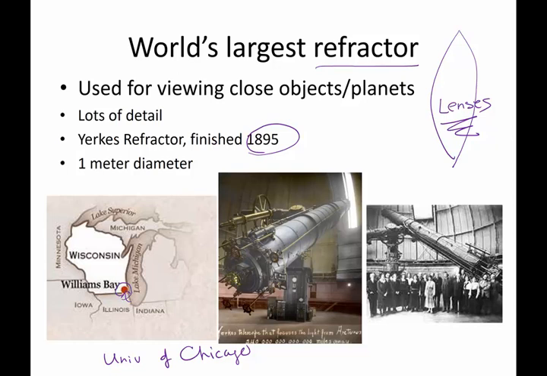That might give you a hint about how good refracting telescopes are if we haven't built one bigger in the last 125 years. And that's because of a whole host of problems, one of which is the fact that glass is not really, really strong.